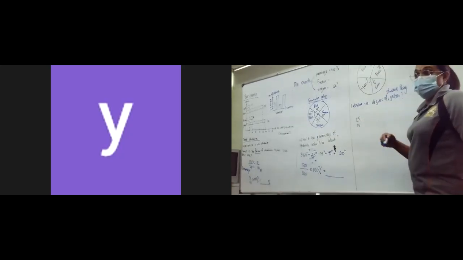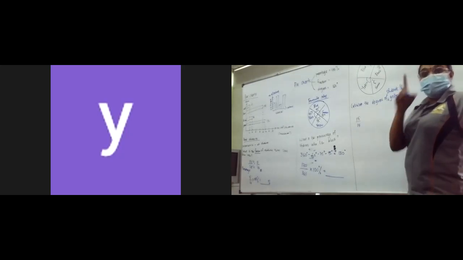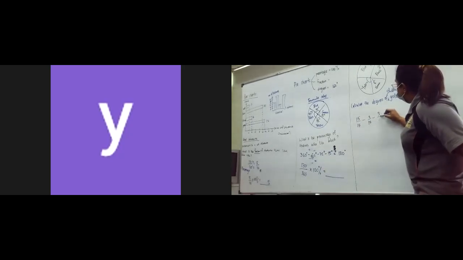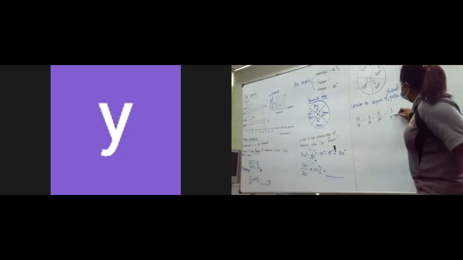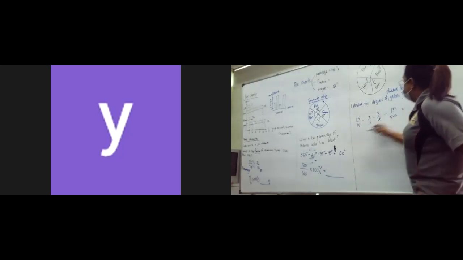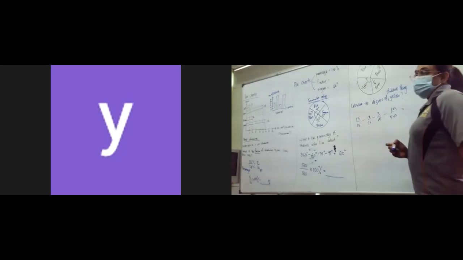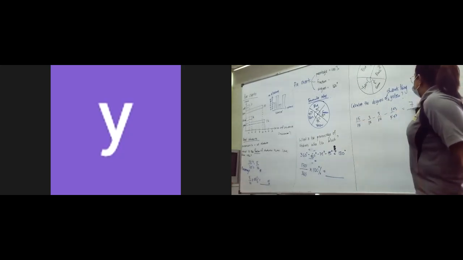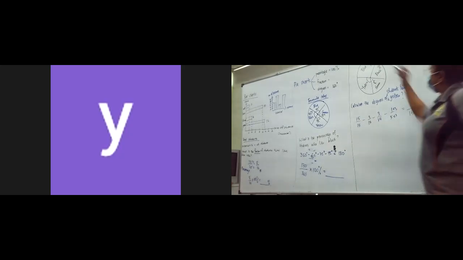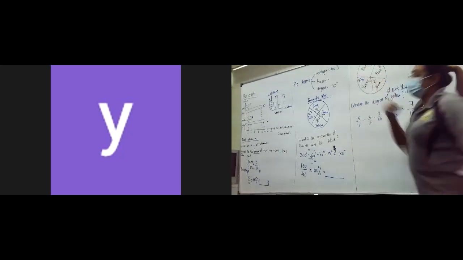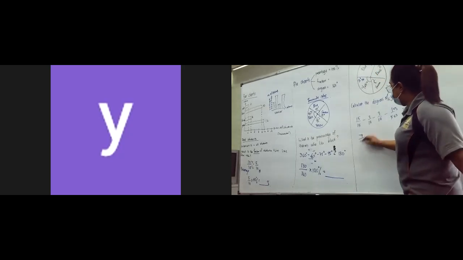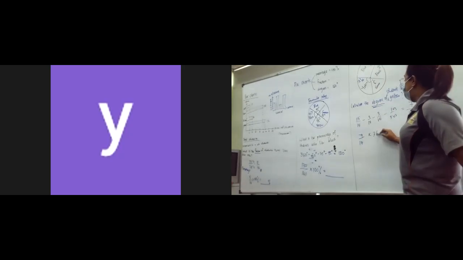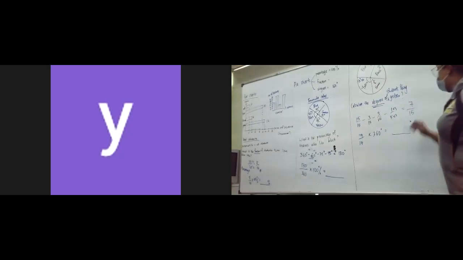So 1 minus the other fractions, the answer is 7 over 15. So here is 7 over 15. You take 7 over 15 and multiply by what they want. Degrees, 360 degrees. So you will get the answer in degrees.